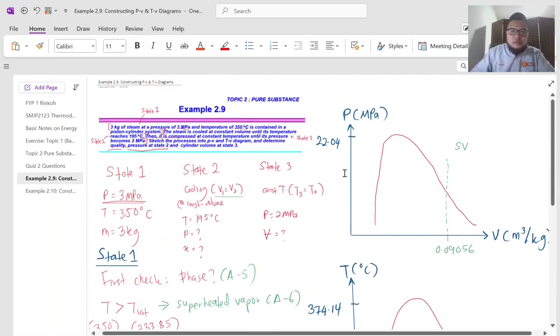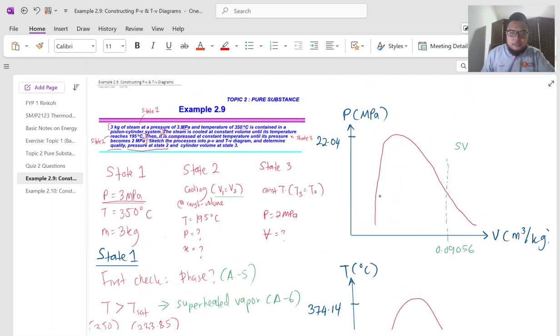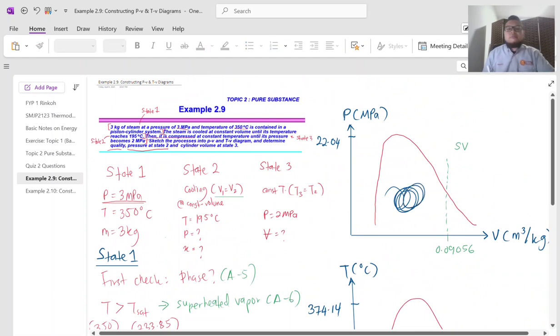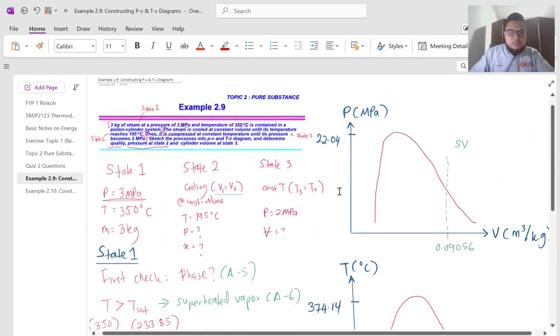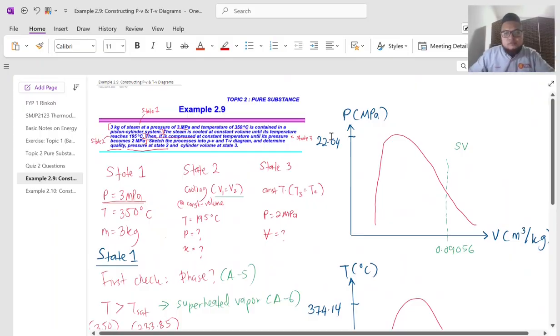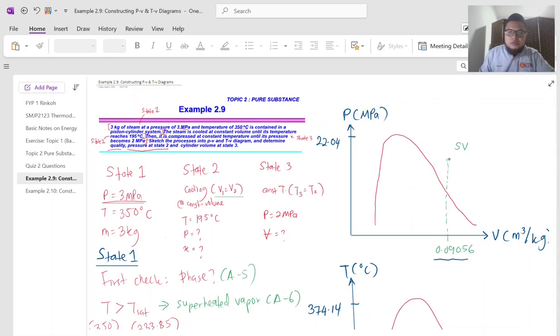My fluid is somewhere inside this vapor dome. So let me just put the number there, 0.09056, which is already there. By the constant volume cooling process, it goes from state 1, which I drew at the superheated vapor earlier, to state 2, going down like that.